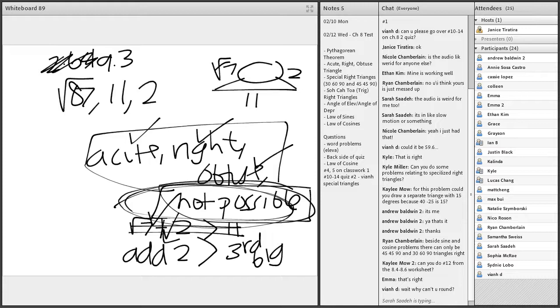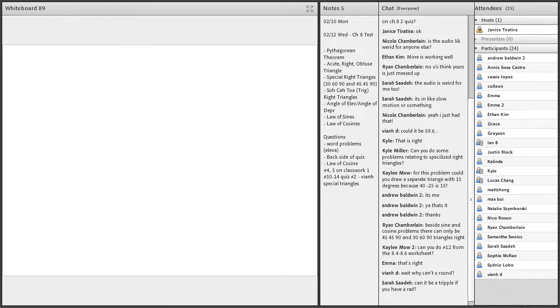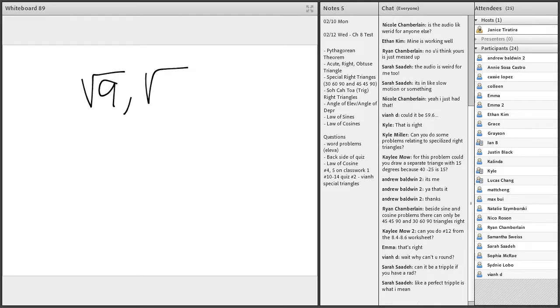Sine, law of cosine. Can it be a triple if you have a rad? Oh, yeah. I think so. Let's say, well, this is not the best, but I feel like there is rad 9, rad 16, rad 25.